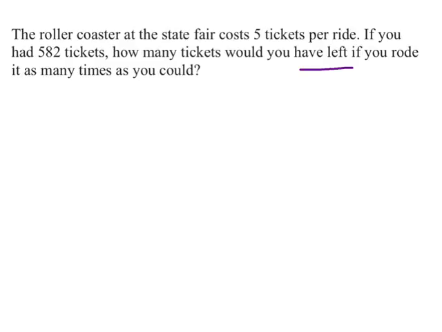So we're looking for our leftovers. So we're going to take our 582 tickets, that's our dividend, and divide it by 5, which is our divisor. We'll see how many times we could ride it, and then how many tickets we had left over.